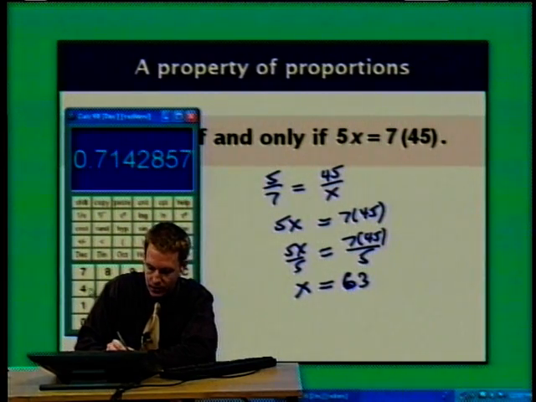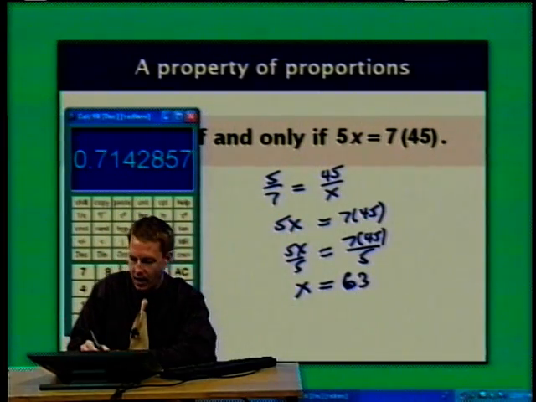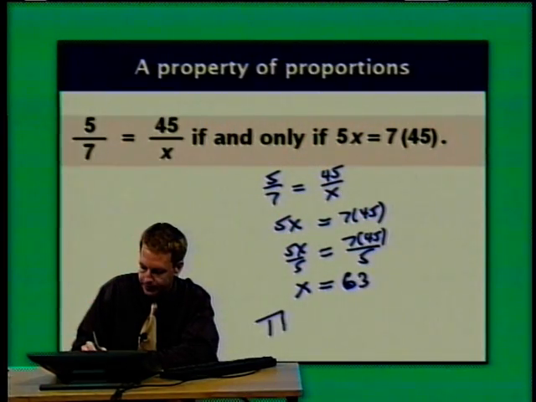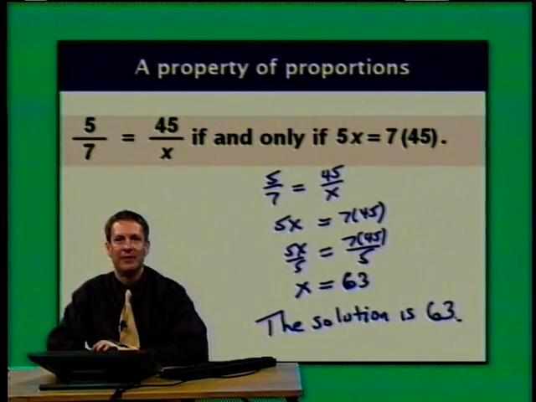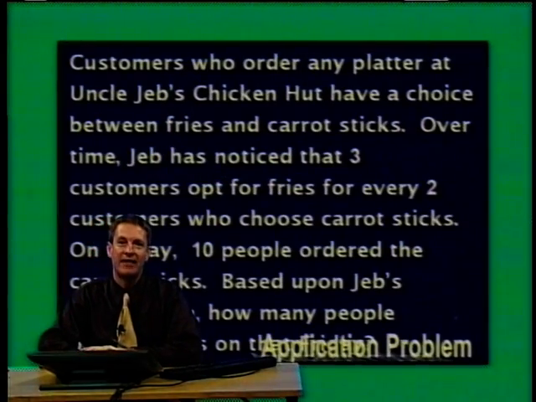So let's do 45 divided by 63, 0.714. We're good to go. The solution is 63.